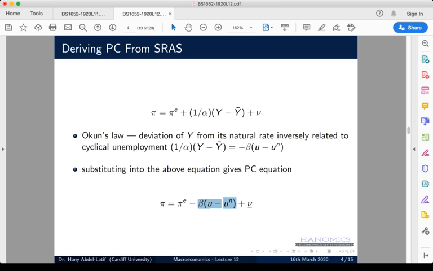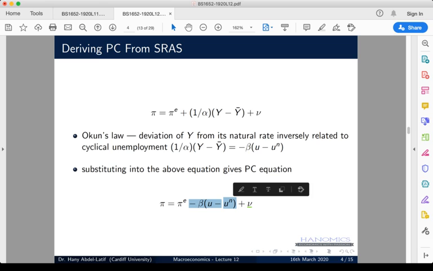So if people don't expect inflation to rise, the expected inflation is almost zero, and if you just ignore supply shocks, the inflation rate depends on this part here, which is exactly what the 1960s relationship between the inflation rate and the unemployment rate was referring to.